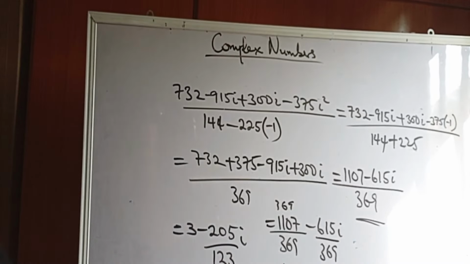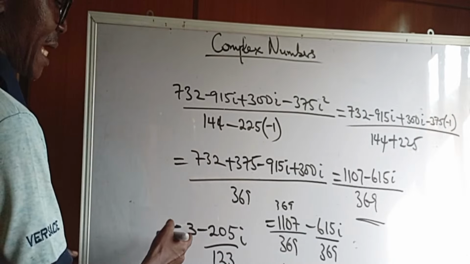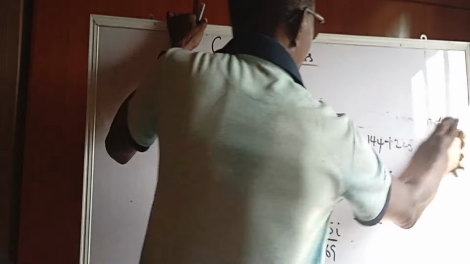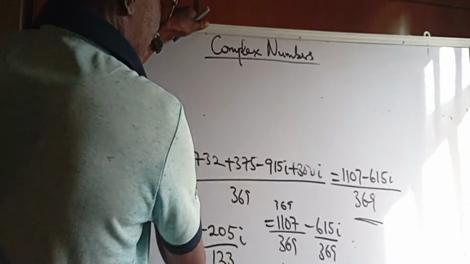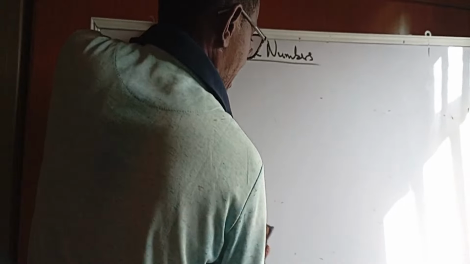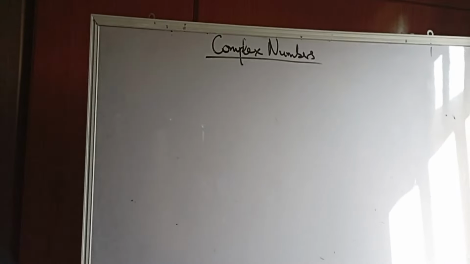So this 3 is like 3 over 1. Hope that is clear. Please, are we following? Do you understand? Are we together? Oh, beautiful. My students are following perfectly. I'm proud to have you as my students. God bless you all.